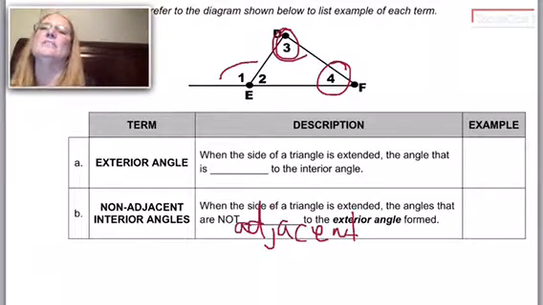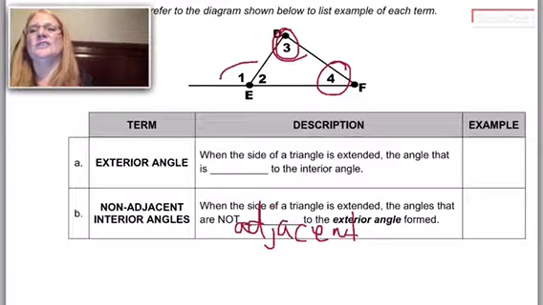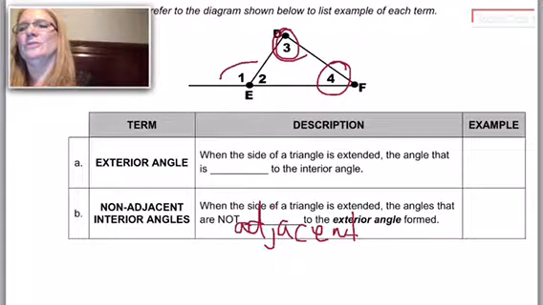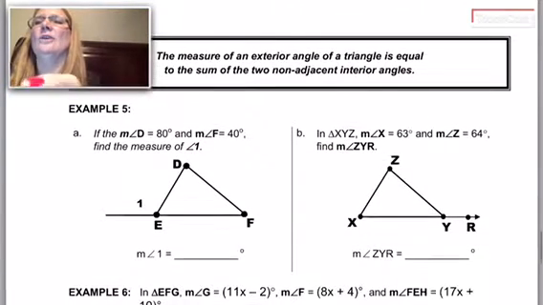Okay? And there's a special property about those angles. So the adjacent angle is the one that's next to it. And the other two angles inside the triangle, the other two interior angles, would be the non-adjacent interior angles. So let's see what that means.